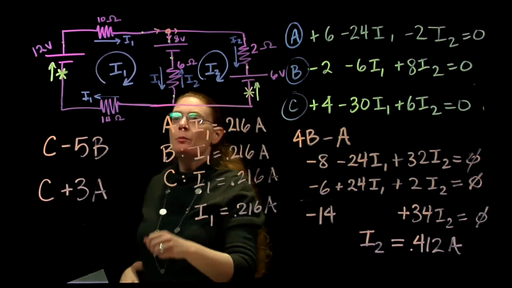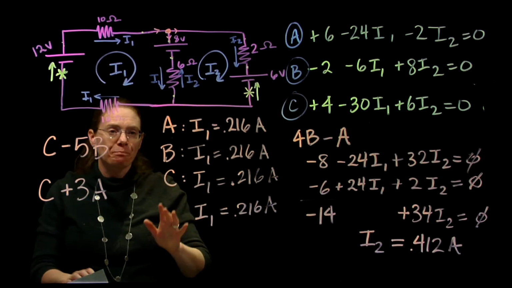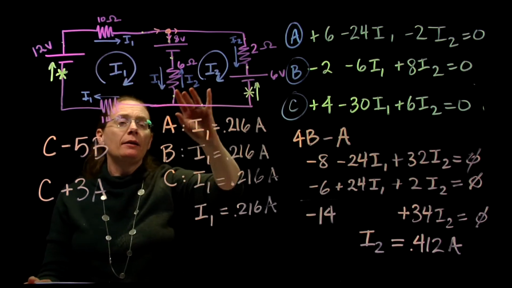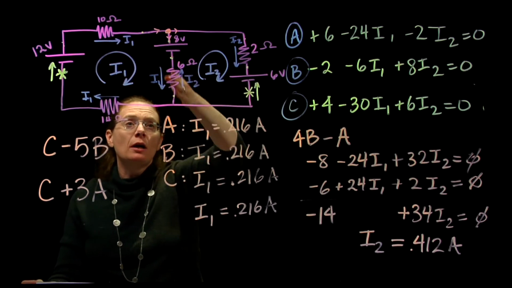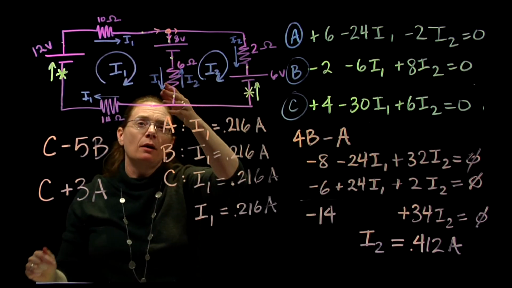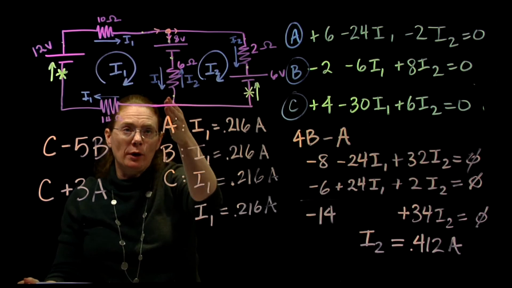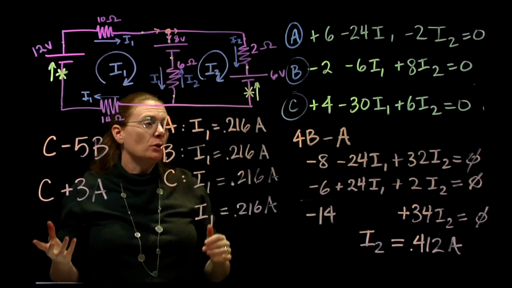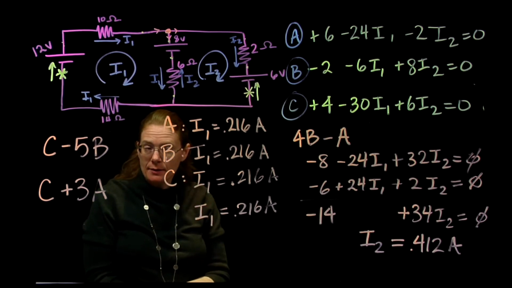So that's the idea behind Kirchhoff's laws. The voltage law is how we get our equations, and then the junction law, the current law, is just this idea that in this branch right here, we have current I1 going down, and we have current I2 going up. And so that's the basics of Kirchhoff's laws.